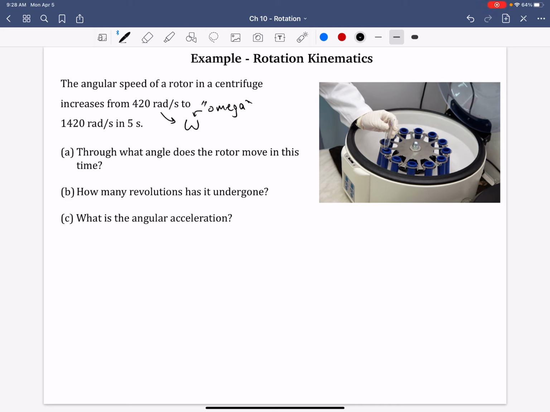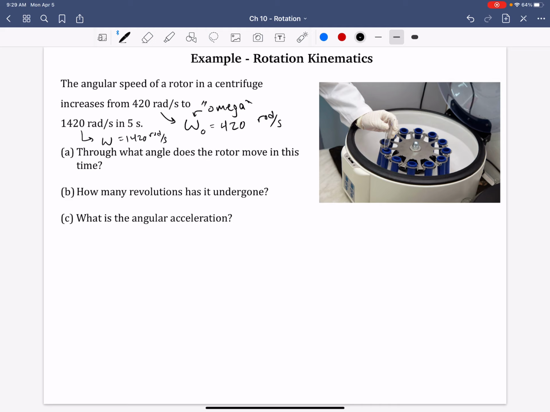Okay, so the initial one is 420 radians, which is an angle, per second, and the final omega is 1420 radians per second. Okay.